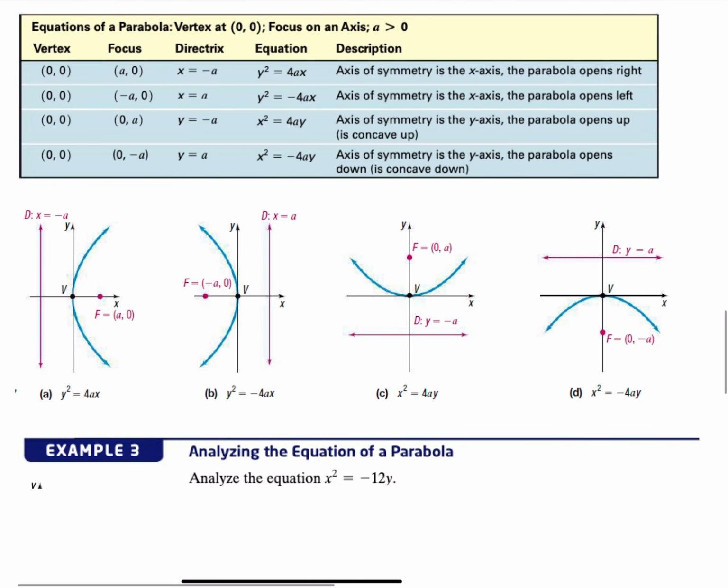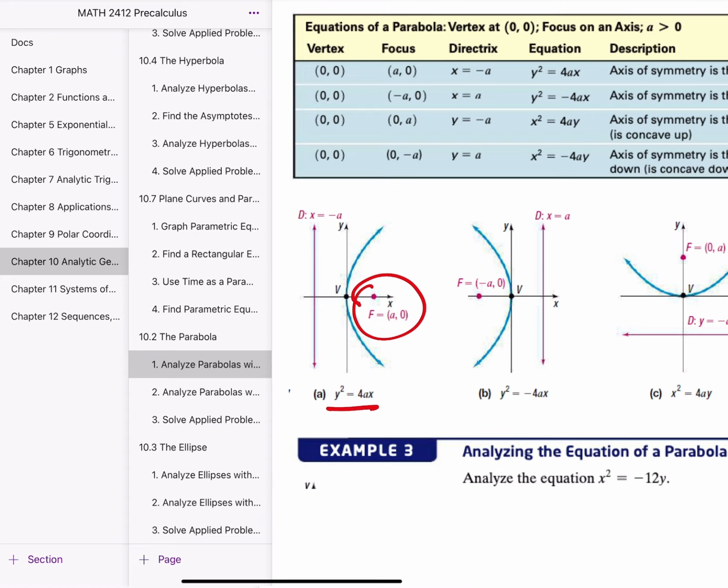They do some summary tables here. This is still when the vertex is 0, 0. So we'll see later when we shift the vertex around. But we would see something like positive 4ax. So this is our first example. That's what we've been working with when the parabola opens to the right. The focus is to the right of the vertex.